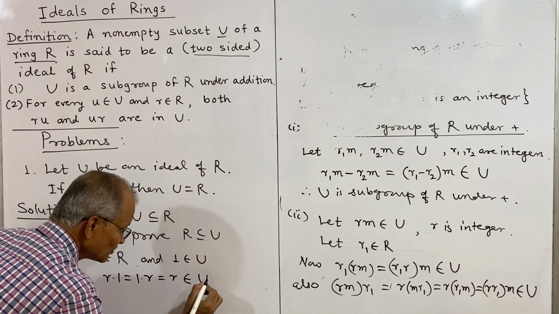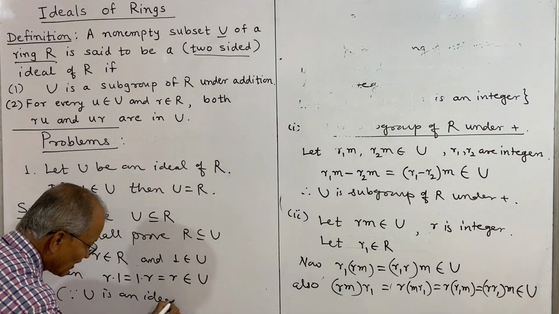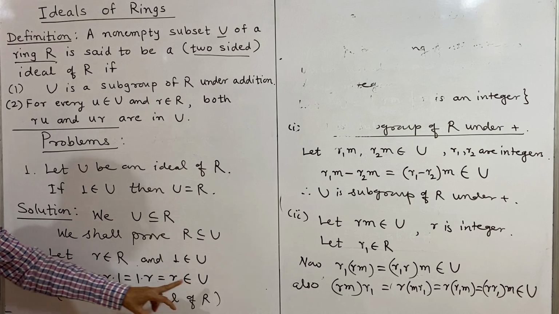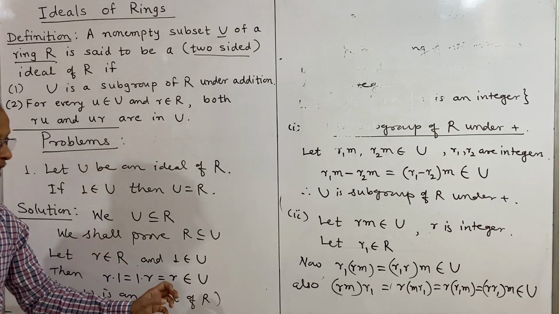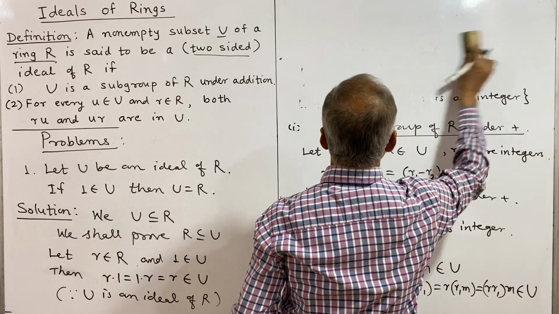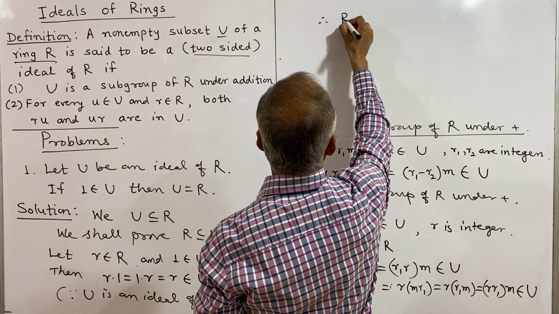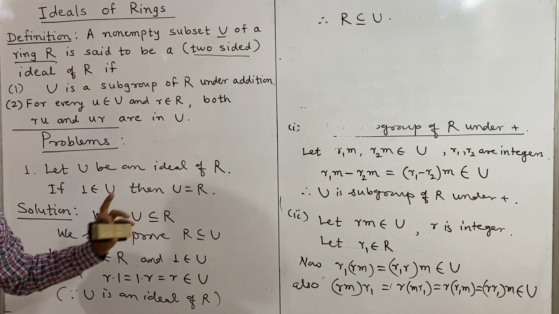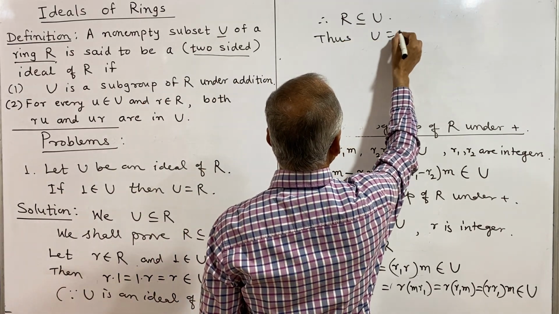This must belong to U since U is an ideal of R. So r belongs to R, and r belongs to U, which means every element of R is an element of U. This shows that R is a subset of U, and this proves the result. R is a subset of U means U and R are equal, thus U is equal to R.